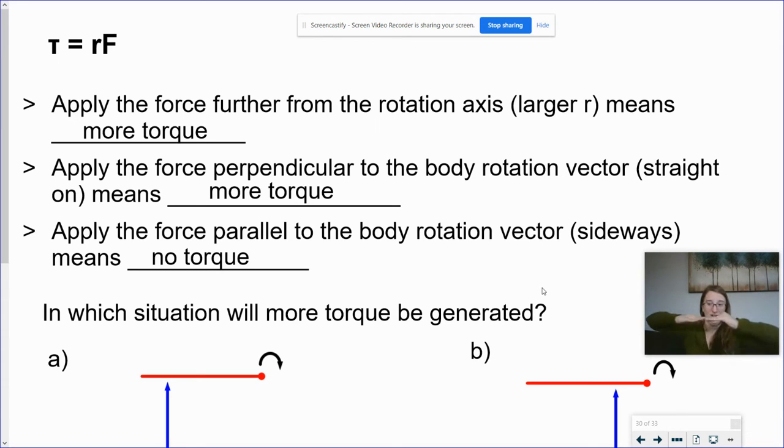That's parallel to the body that's rotating. It's not going to move, right? I need to push this way for it to move. So if I'm pushing parallel to the body, you're going to have no torque. You are going to be unable to move it. So we have to produce some torque in order to get the body to rotate.